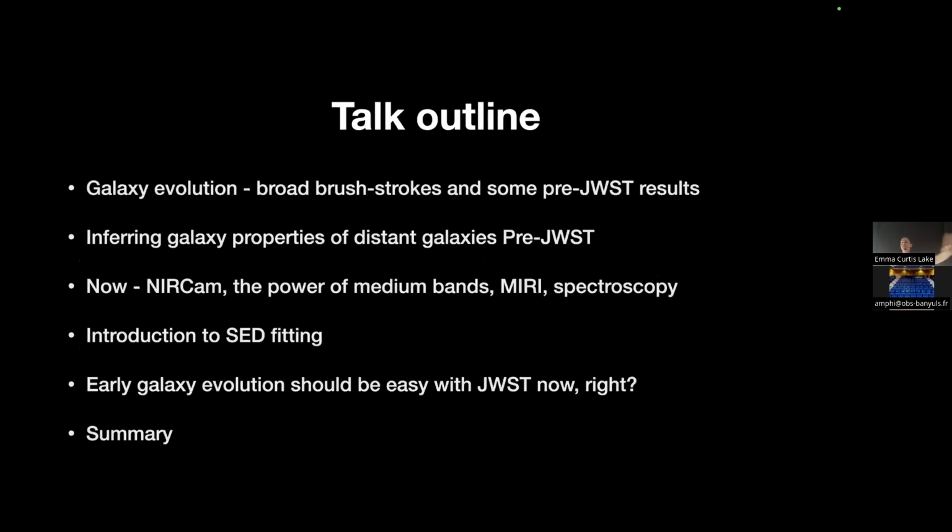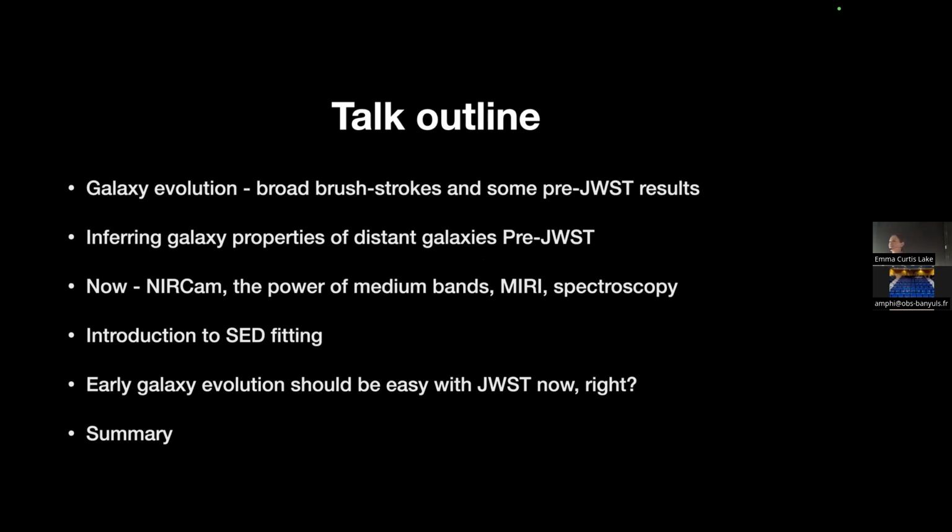So in terms of this talk outline, I'm going to give you some very broad brushstrokes about how we investigate galaxy evolution. I'll talk a little bit about how we were inferring galaxy properties of distant galaxies pre-JWST, and I'm kind of thinking of what I termed intermediate redshifts, so pretty high redshifts.